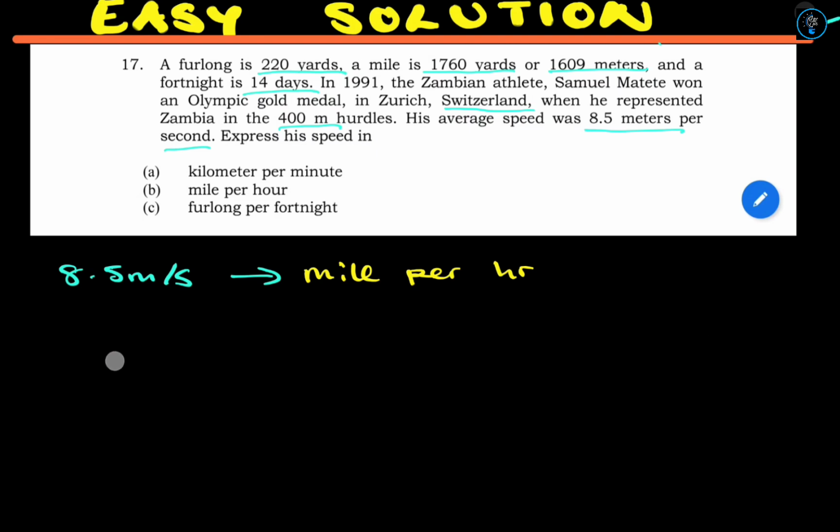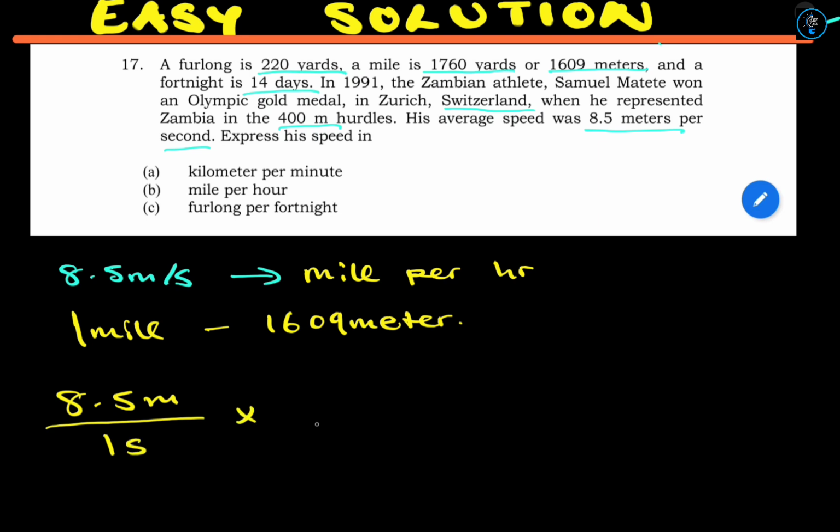We know that a mile is equal to 1,609 meters. So we are saying 1 mile is equal to 1,609 meters. Yeah. So now we can do the conversion.